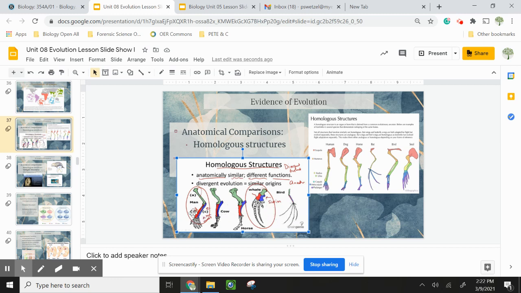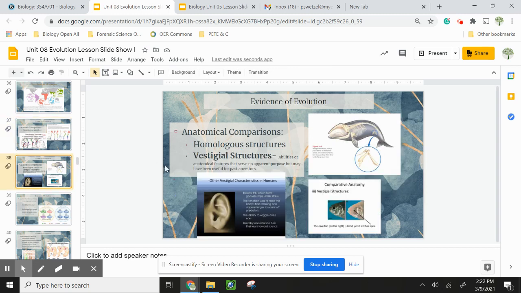The really famous examples are the radius and ulna and wrist bones of a human, cow, cat, horse, whale, bird. They all share some very similar anatomical features, but we know that they have different functions. Our radius and ulna does something very different than that of a bird or a cat or a whale. So, just a very interesting look at homologous structures.